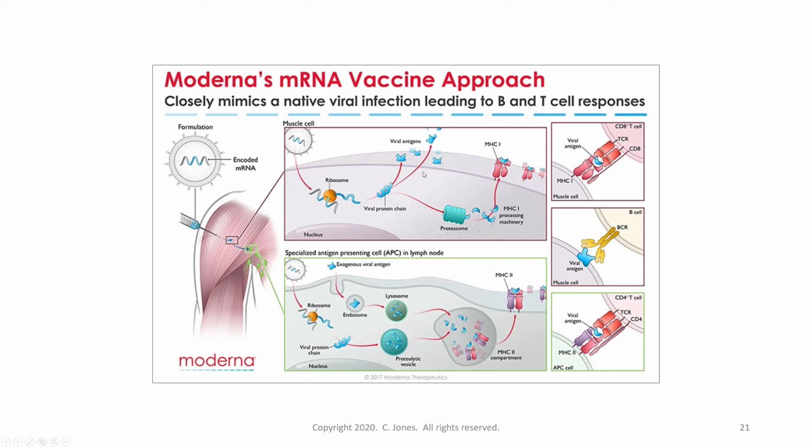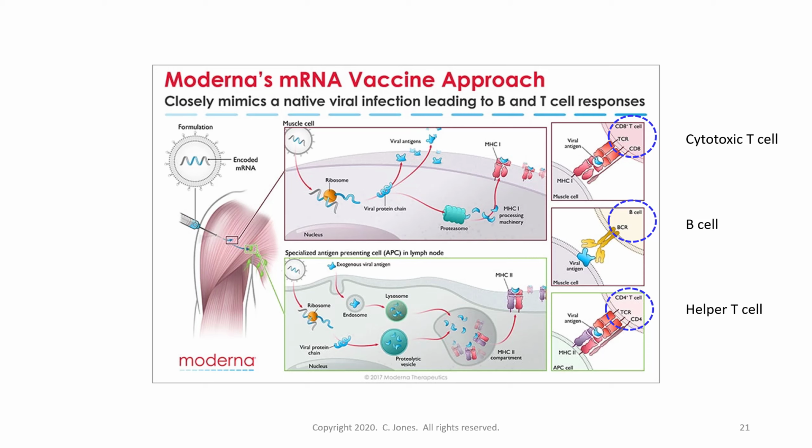They then release it into your blood or present it on their surface, and this triggers an immune response where we now form T cells, B cells, and all the different types of T cells, and this will also then trigger the production of memory T and B cells, hopefully.